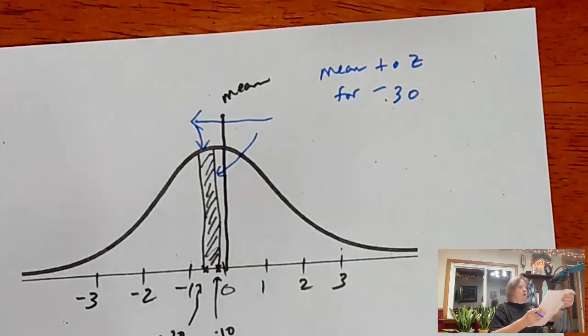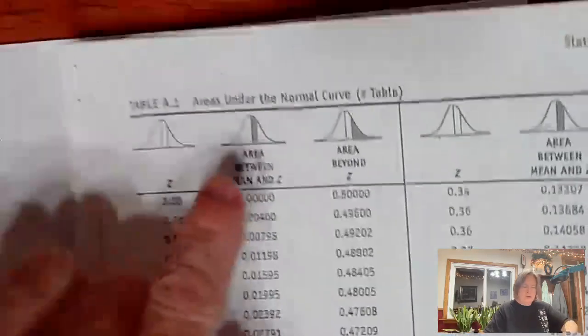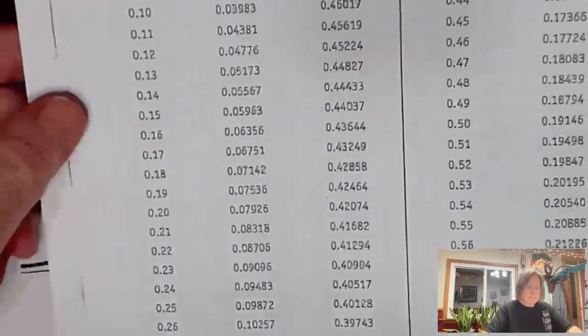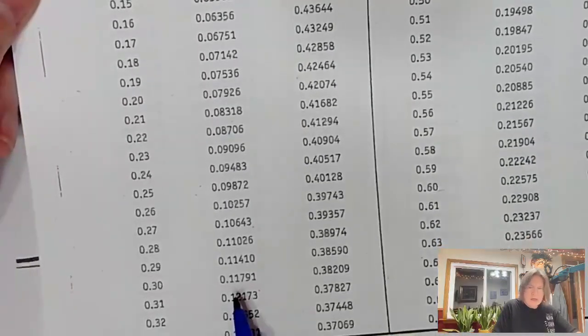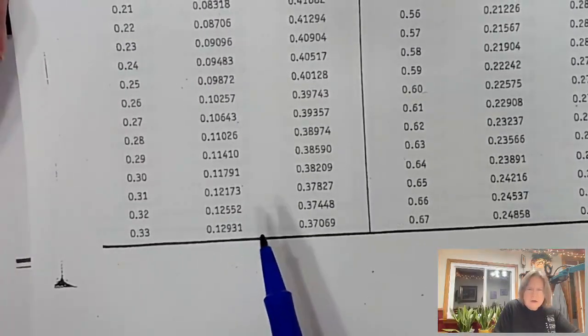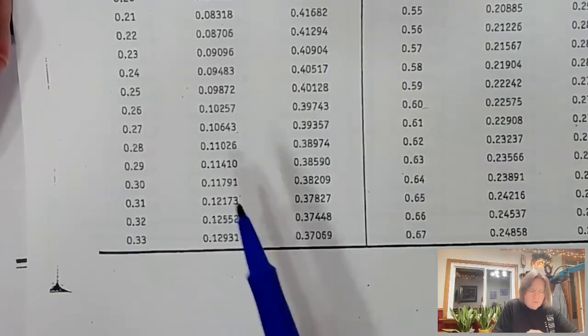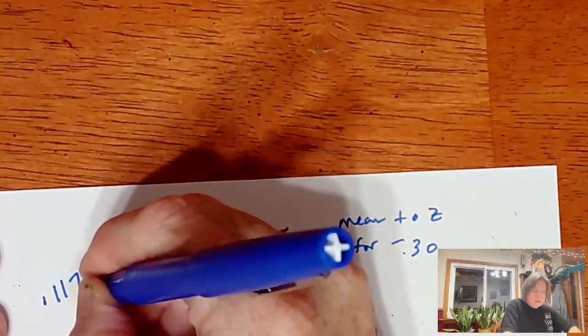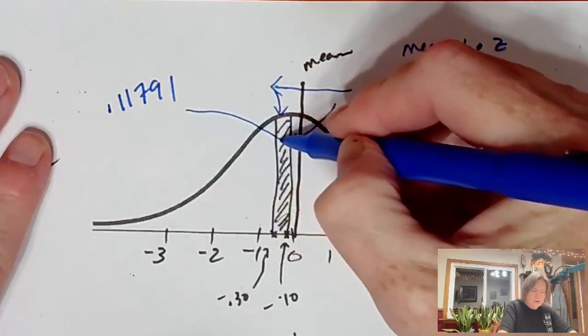You get your chart and find the area between the mean and z, and we're looking at 0.30, so here it is, 0.11791. That is this area here.